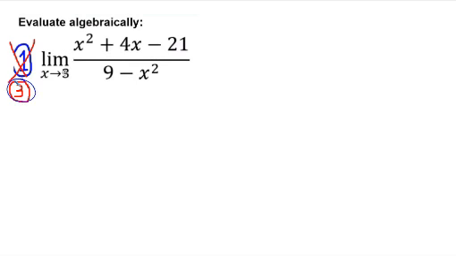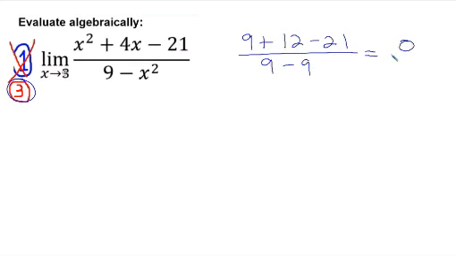If I try to substitute this right now, if I try to go ahead and plug in 3, look what happens. I'm going to have 9 plus 4 times 3, which is 12, minus 21, all over 9 minus 9, which is a big mess. It's 0 over 0.